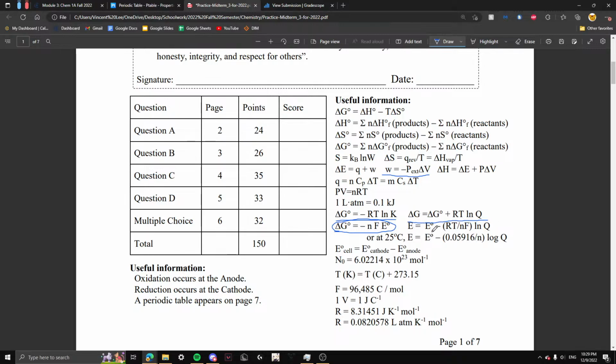Yeah, so pretty much your Q is going to end up changing, and based off of how that works from here, your number is going to get smaller.